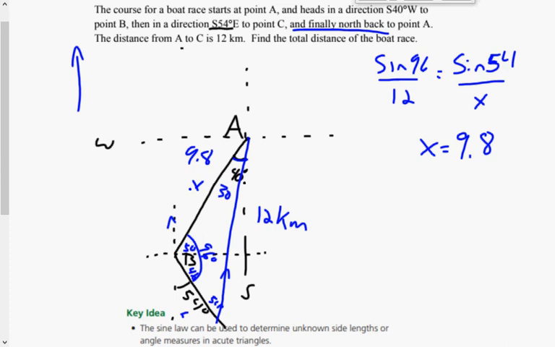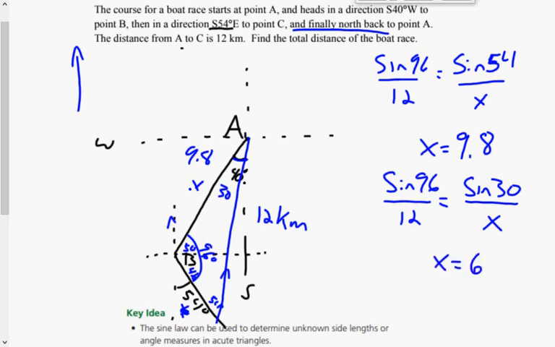Now if I want to solve for this guy here, I'll use the same one that I had before, just to make my work a little bit easier. So sine 96 over 12 is going to equal sine 30 over x. Well, this time I can solve for this guy over here. So try this one again, see if you guys can use cosine or sine law on your own. I get 6. So there you go.